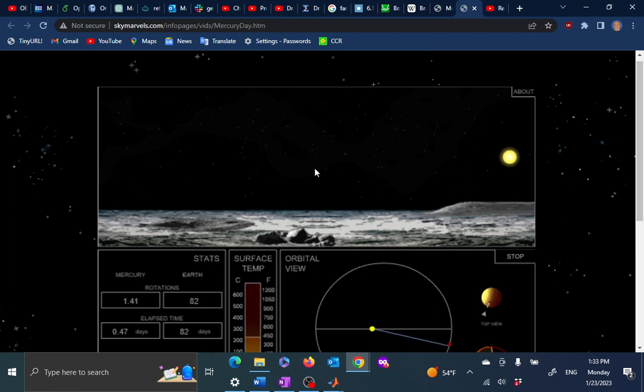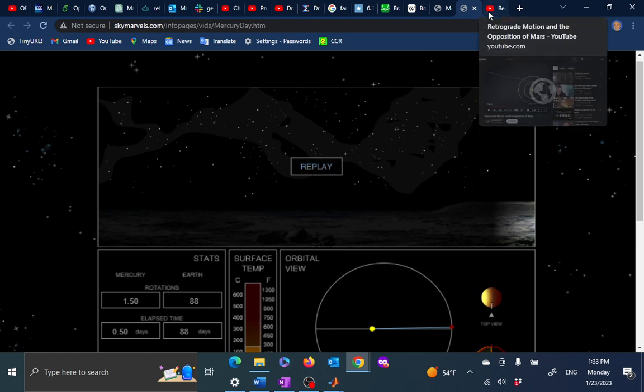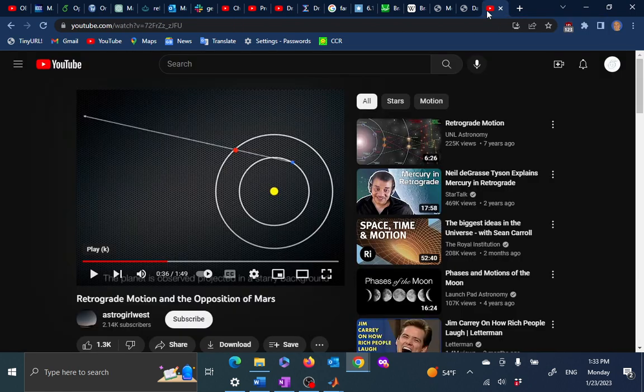Well, traveling to Mercury to see this is going to be beyond our capabilities these days, but there is something that people could see from thousands of years ago: retrograde motion of planets. So here we have Sun, this is Earth, and this is Mars.